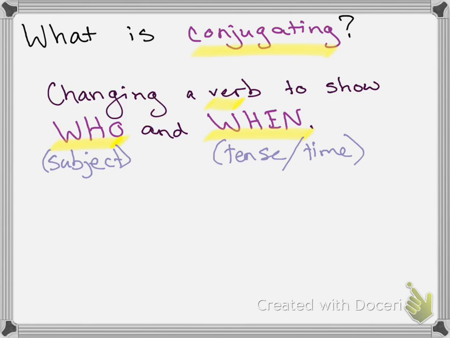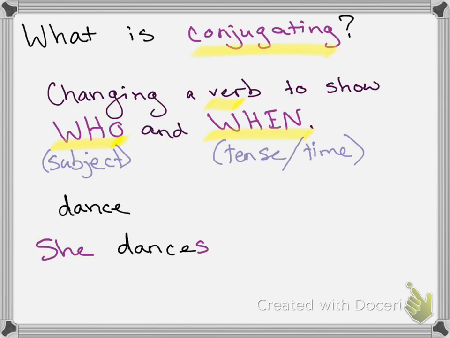In English, this does happen. A lot of people think, well, in English we don't conjugate verbs, but we do. Okay, so if I have a verb like dance, this isn't telling me who or when or anything yet. So if I put my subject in front of it, if I put my who in front of it, she, all of a sudden it can't be dance anymore. She dance. I'm going to sound like Tarzan. I'm going to have to add an S on the end.